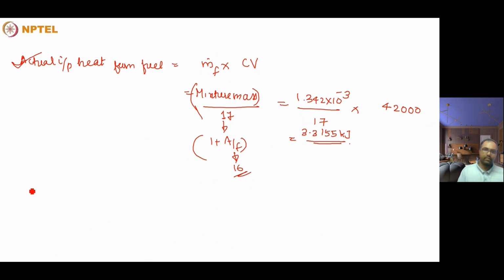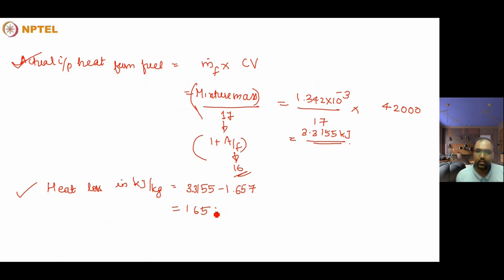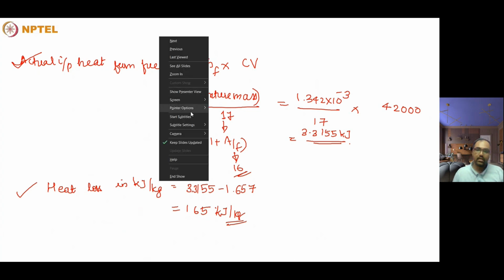So we have calculated the actual input heat from fuel, and the heat lost in this process during the heat addition from 2 to 3 will be equal to 3.3155 minus 1.657, which is around 1.65 kilojoules.